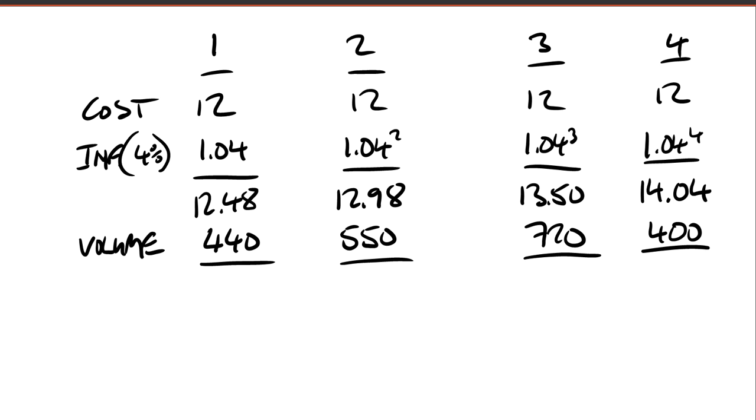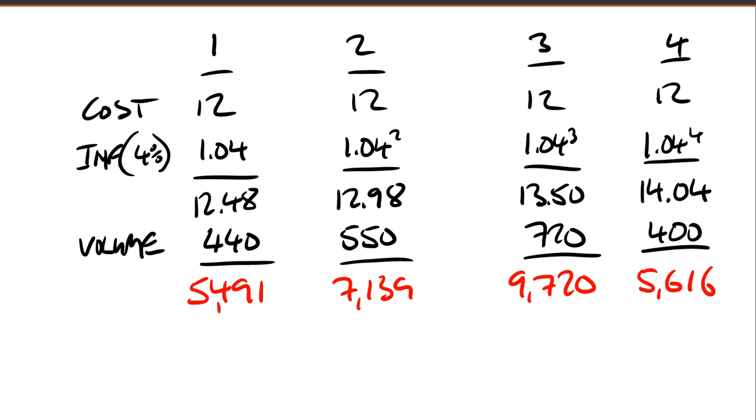So 12.48 times 440 is going to be 5491, 7139, 9720, and lastly 5616. Okay, so those are going to be the inflated variable cost figures.